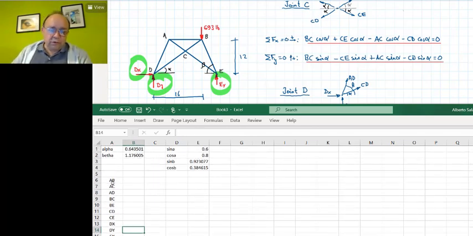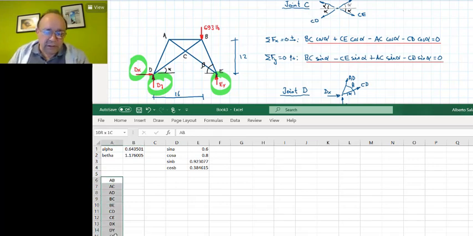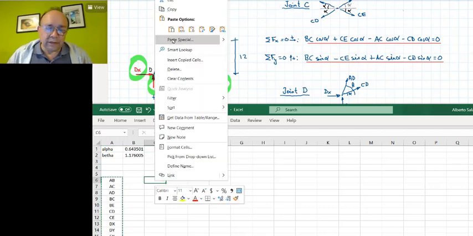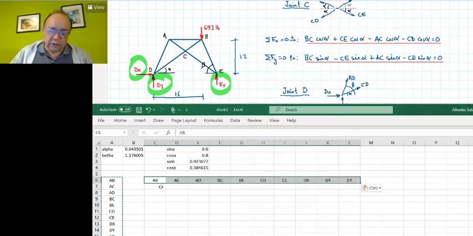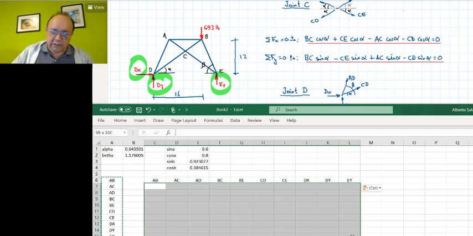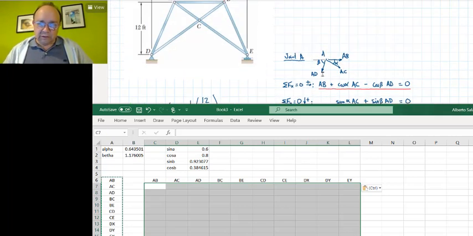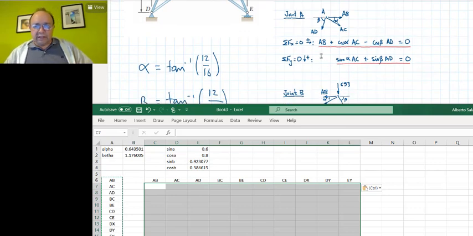I'm gonna put all these names on top here, on top of where I'm going to fill up this matrix. Let's put it here. Paste special, transpose. Okay, so here in this area, I'm gonna put all the coefficients for all the equations. Say, for example, starting with the equation on joint A, this first equation here has only 3 unknowns, AB, AC, and AD.